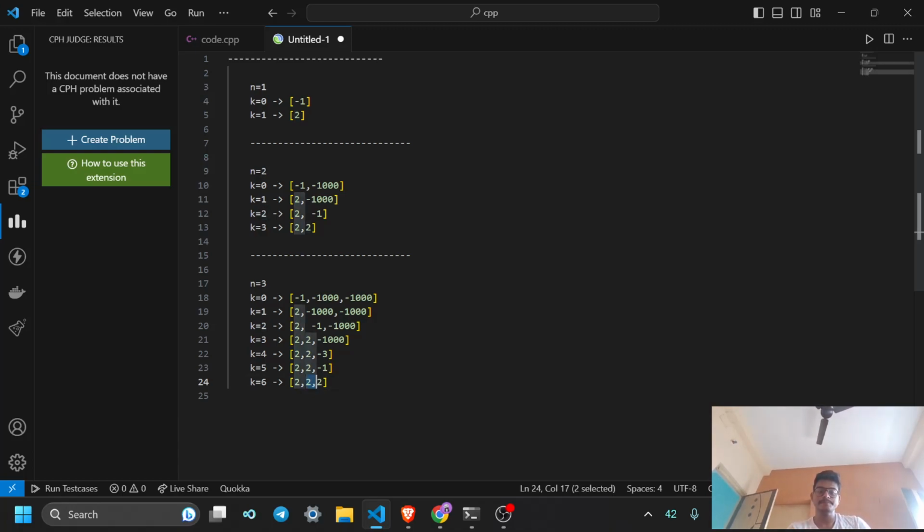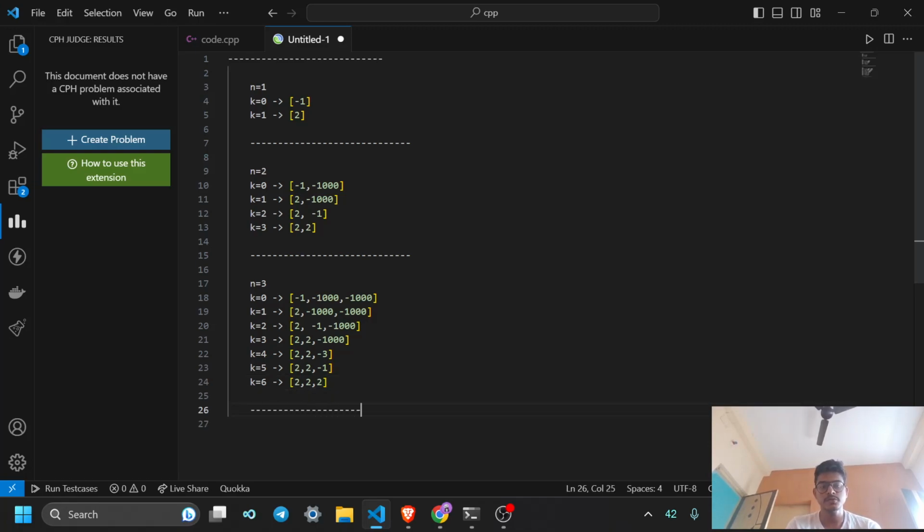By adding with the previous number, it gives one extra integer again, and by adding with this large subarray, it again gives one extra integer. So initially it was 3, and it is giving 3 plus 3, that is 6.